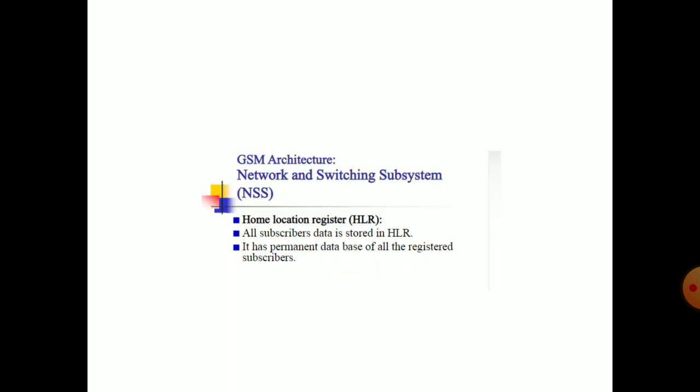And here I am explaining about the home location register. All subscriber data is stored in the home location register. Our user details, the Aadhaar card number, your home address, the location area you belong to, your name, your date of birth.